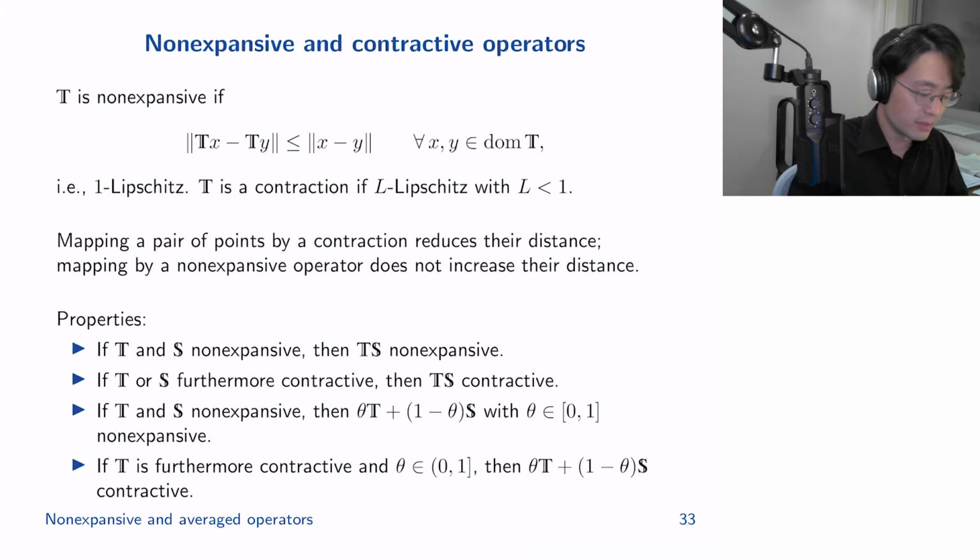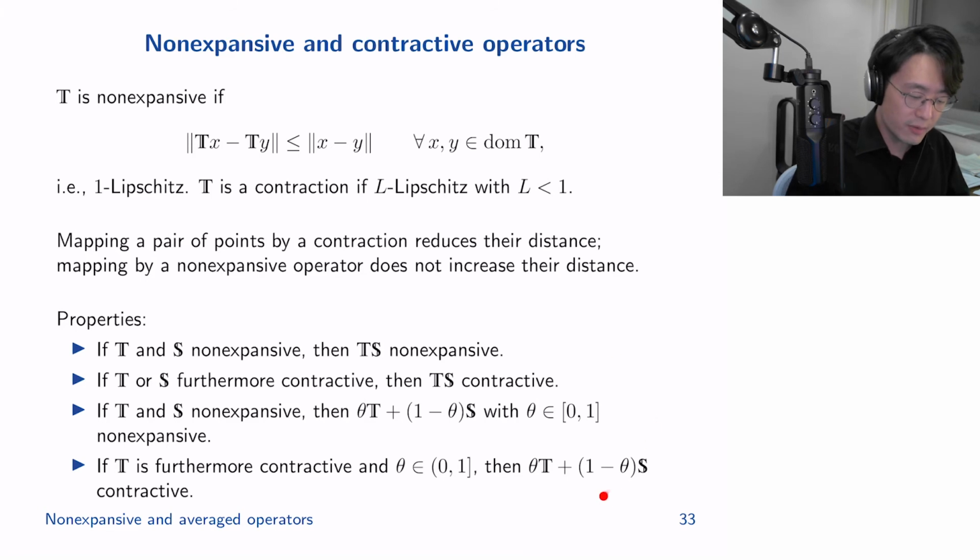If T and S are non-expansive operators, then a convex combination of the two operators is a non-expansive operator. And if T and S are non-expansive and T is furthermore a contraction, then a convex combination where the theta multiplied to T is strictly positive becomes a contraction.